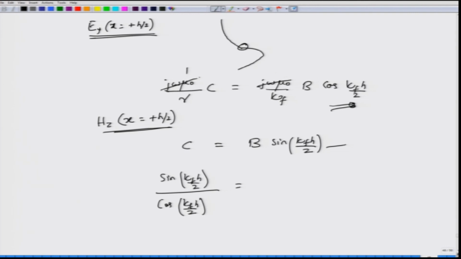On the other side, I have c divided by c by gamma, so gamma goes on top, and b cancels out. Sin by cos is the tan function, so you have tan kappa f h by 2 equal to gamma by kappa f.